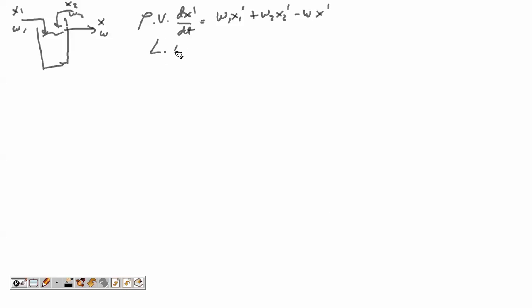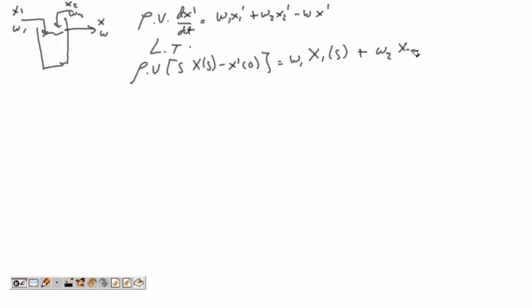The Laplace transform is rho V (s X(s) minus x prime at 0) equals W1 X1(s) plus W2 X2(s) minus W X(s).